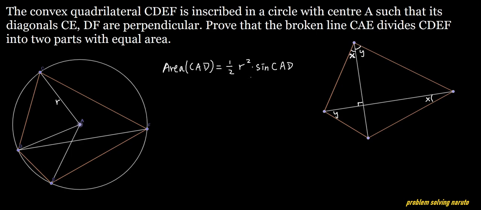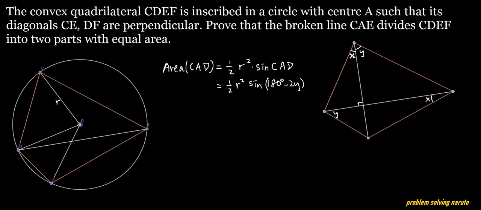But you know this is the center, so that tells you that angle CAD is just twice angle CFD. CFD, I call it 90 minus y. So twice of that would be 180 minus 2y.